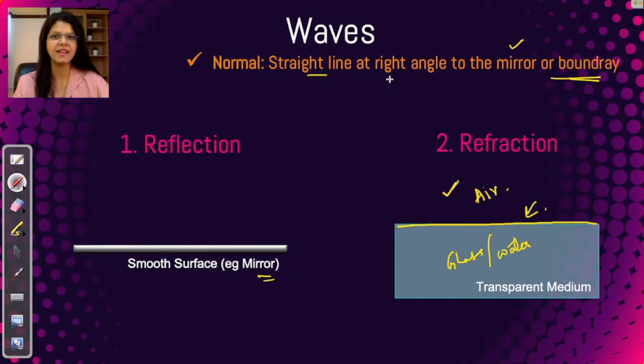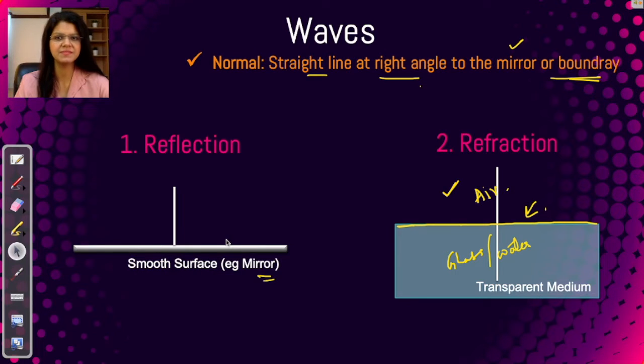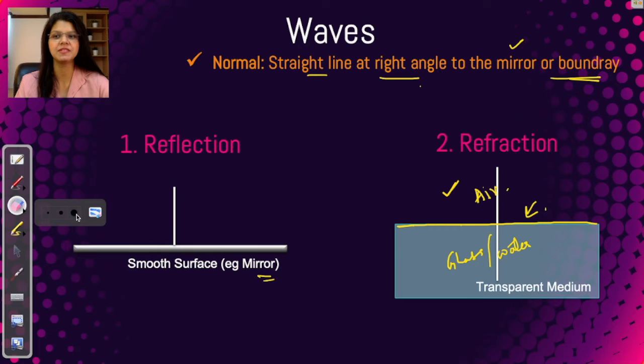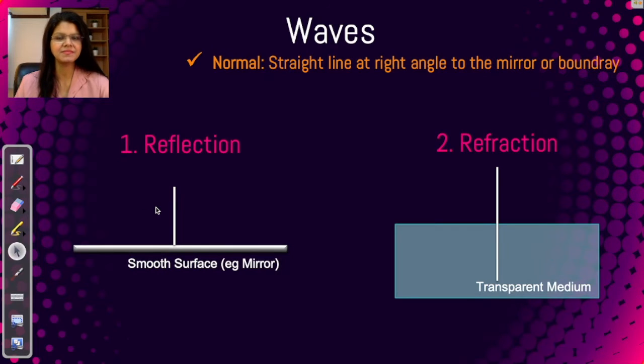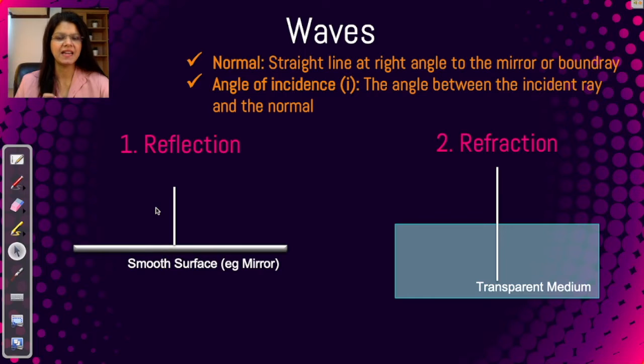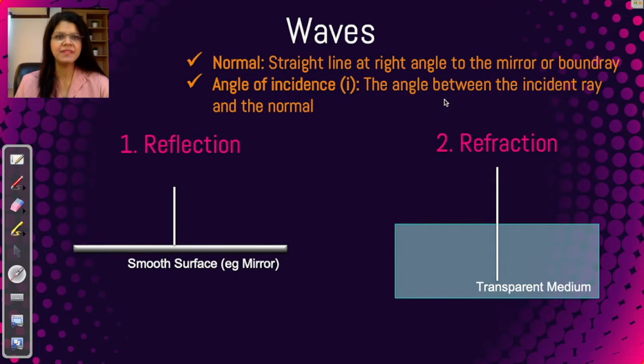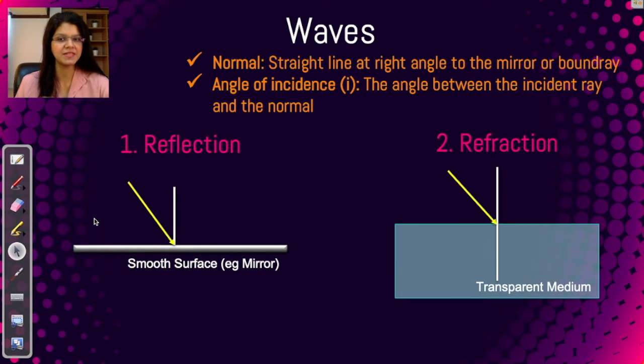So a straight line at right angle. Let us draw the normals here. That's how you draw the normals. These are your straight lines at right angle to the mirror or the boundary. Next thing, the incident angle. It is the angle between the incident ray and the normal. Before we draw it, let us draw the incident ray.